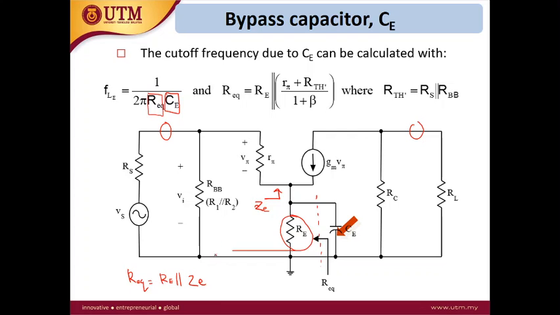The value of ZE will depend on whether you have the RS, or whether you have R1, R2, or only RB. So this is slightly different. In this case, ZE is equal to R pi plus RTH, where RTH is RS parallel with RBB.